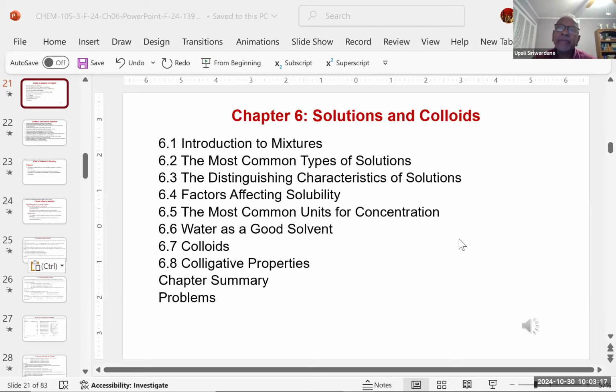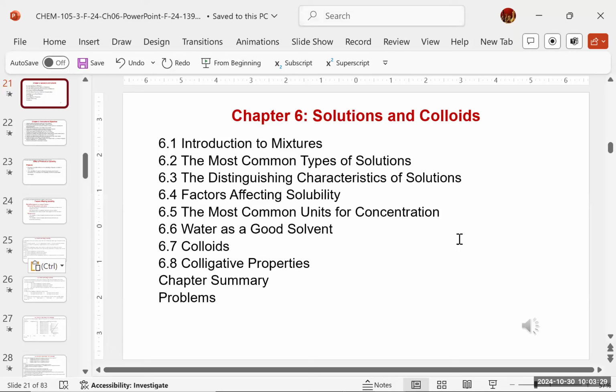Can you see my chapter 6 slides on slide page on solution and colloids? Yes. All right. I'm glad you can see it. Let me move things around.